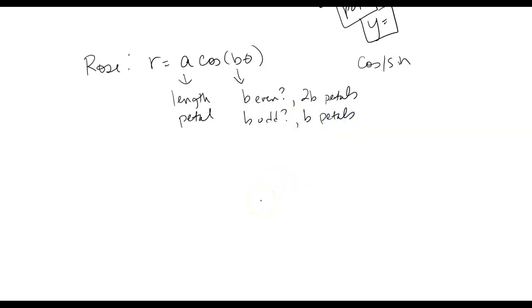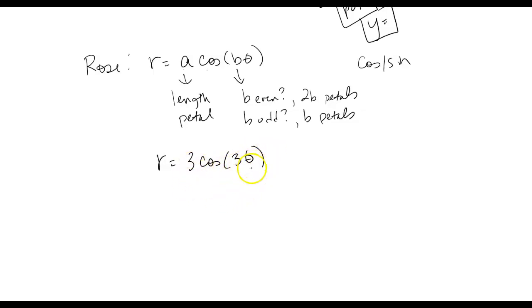The other thing is with sine or cosine, I said it could be either one. This is actually going to help dictate if your petals lay on an axis or if they're in between. So as an example, let me show you. Like if somebody did this to me, like this, okay? 3 cosine, 3 theta.